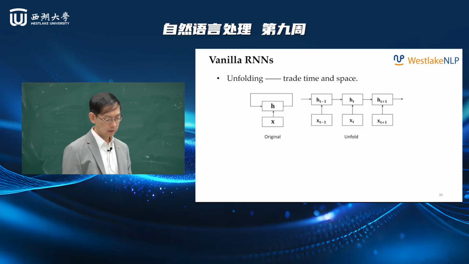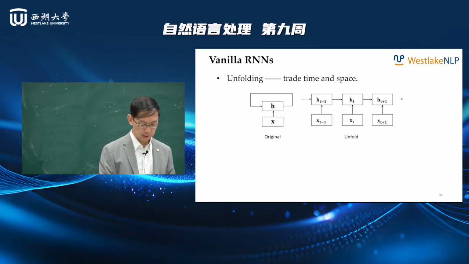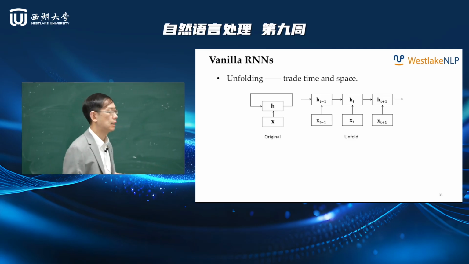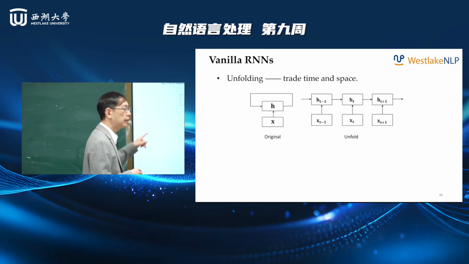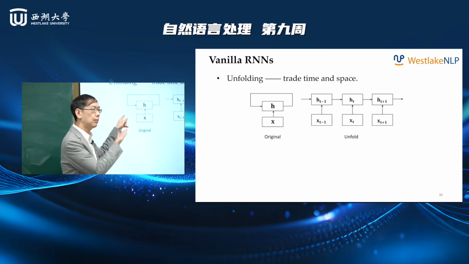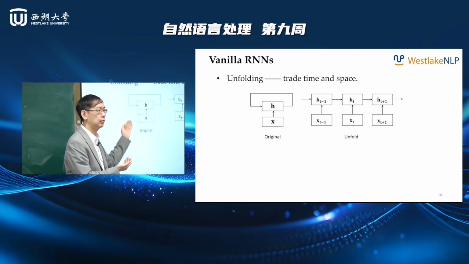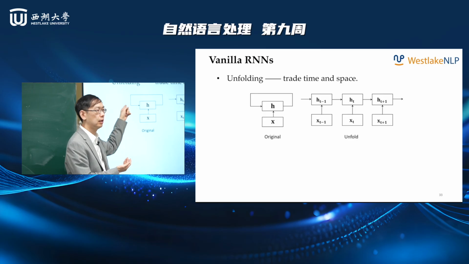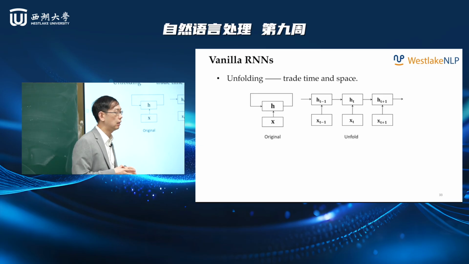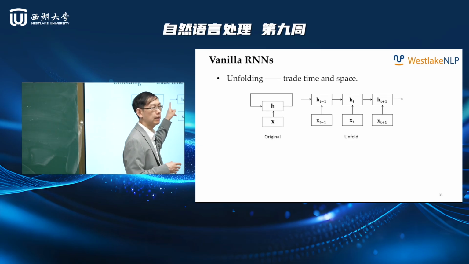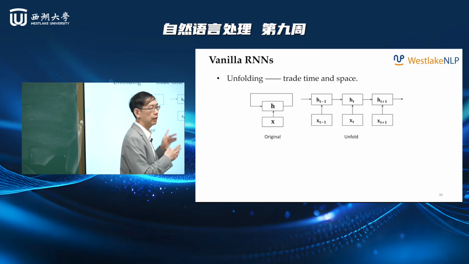But I'm saying that this conceptual loopy neural network is just a trade-off between space and time. If you only have one state, and you dynamically update it with one word input, second word input, third word input, it's a recurrent process. But if you imagine you have a vector to remember h1, h2 until hn, okay, it's a trade-off, you trade time for space.